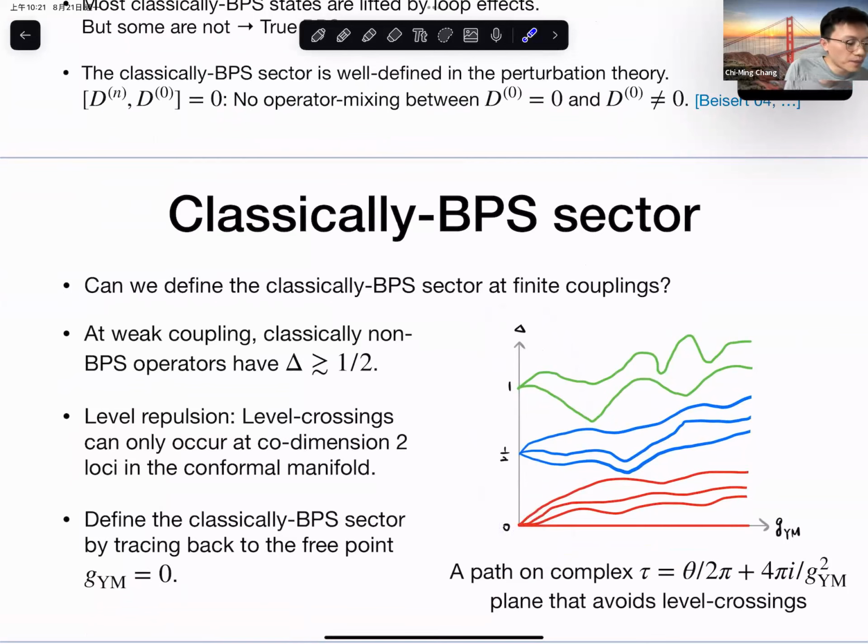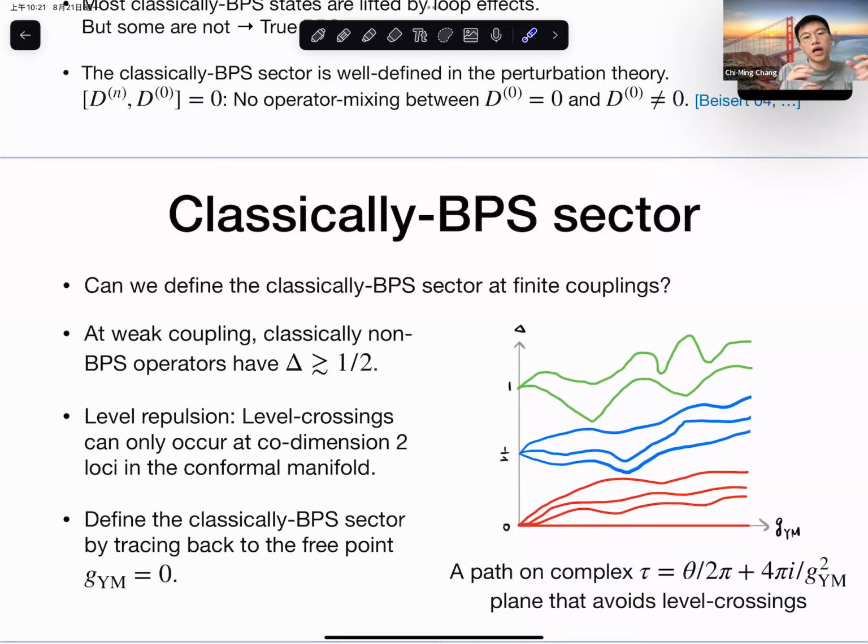Because of level repulsion, the crossing of these energy or dimension levels can only occur at some codimension 2 loci in the conformal manifold. That's just from some very basic quantum mechanics. And we also know that the conformal manifold is real 2-dimensional, parameterized by the complex coupling tau, a linear combination of g Yang-Mills and the theta angle.